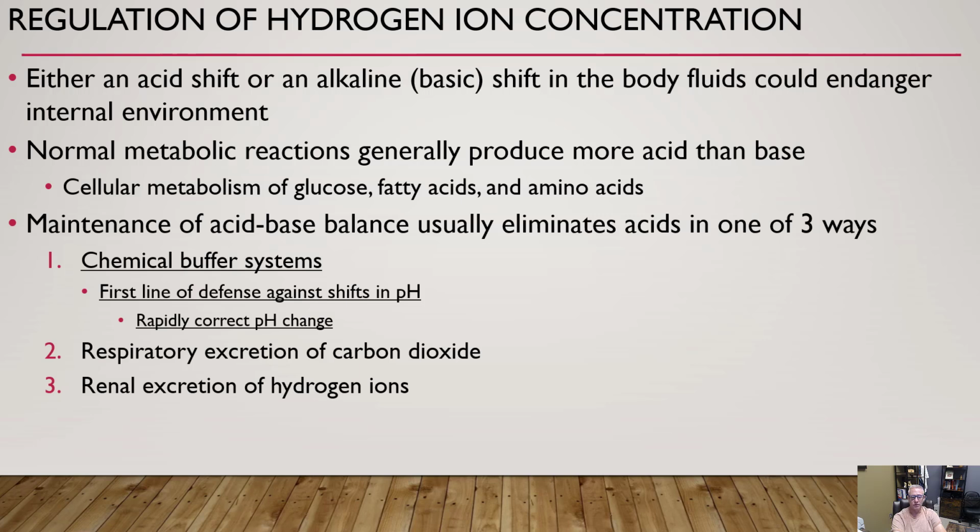We have a renal excretion of hydrogen ions, and we have a respiratory excretion of carbon dioxide. This chemical buffer system, we're going to call that our first line of defense in shifting that pH, only because it's very rapid. Our chemical buffer system can rapidly correct pH changes.